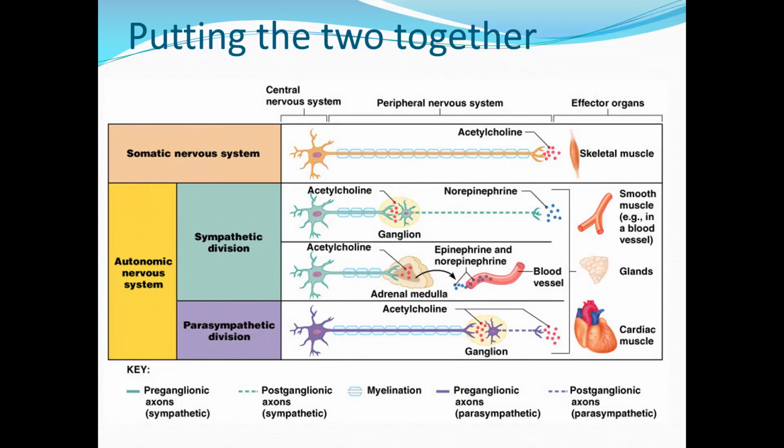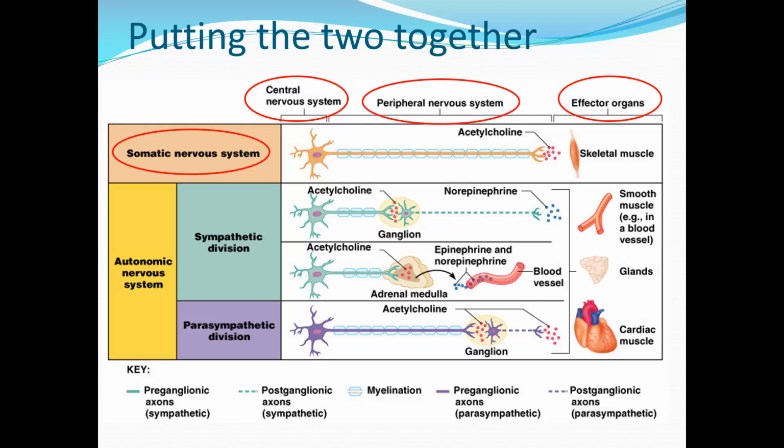Putting them all together: somatic nervous system, autonomic nervous system. Somatics start from the central nervous system, go to the peripheral, and eventually go to an effector organ to do something. The sensory part, the autonomic sympathetic division. Note that acetylcholine is the universal presynaptic neurotransmitter.